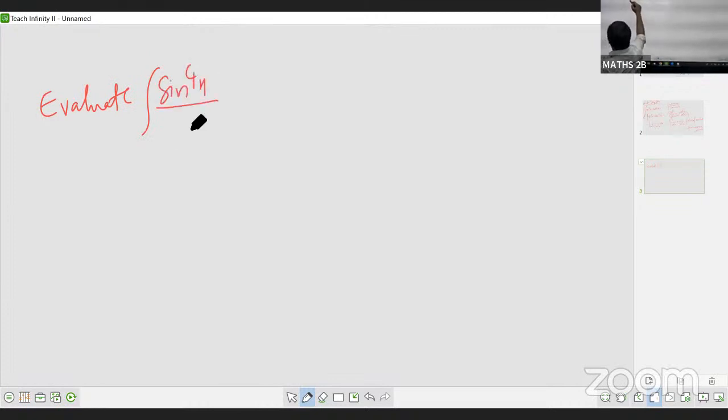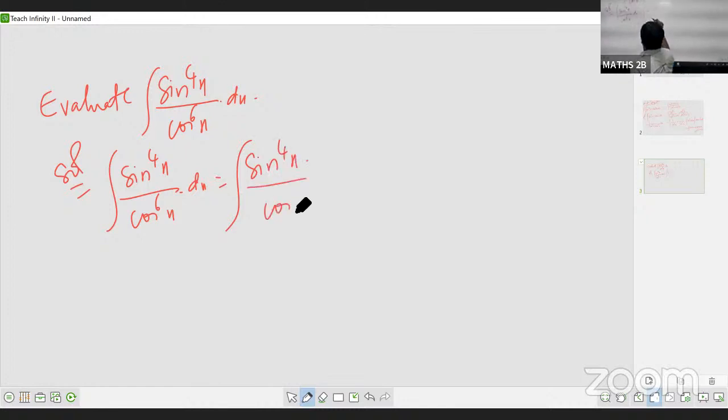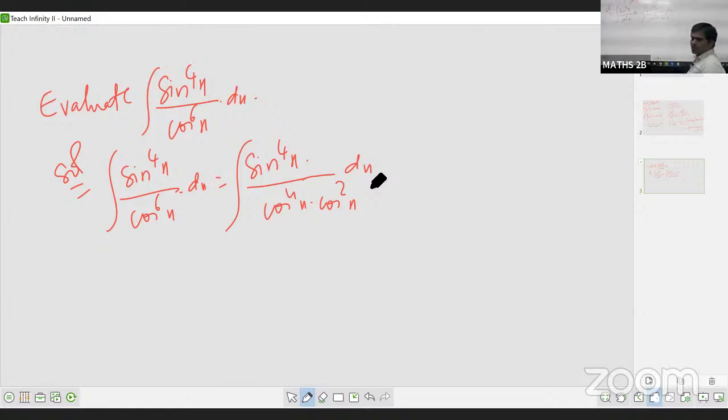Next, evaluate integration of sin power 4x by cos power 6x dx. Sin power 4x by cos power 4x into cos square x dx.